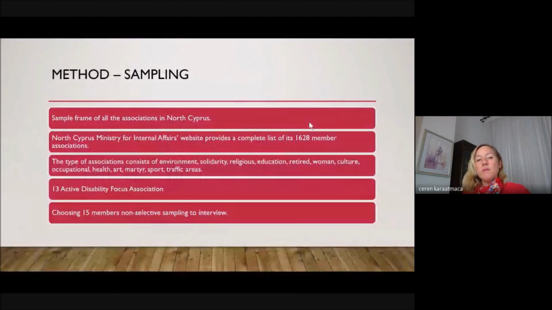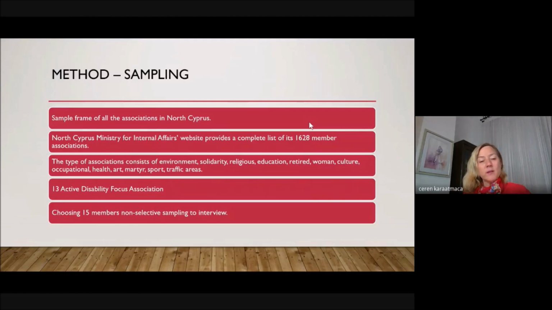And when we look at the method and the sampling, the sample frame is all the associations in North Cyprus, and the North Cyprus Ministry for Internal Affairs provides a complete list of 1,628 member associations.